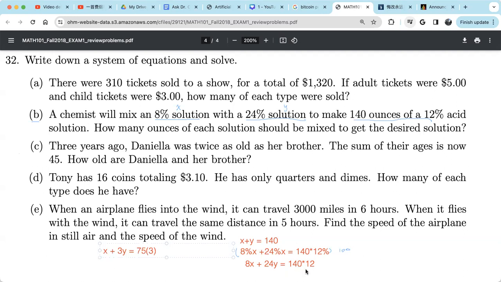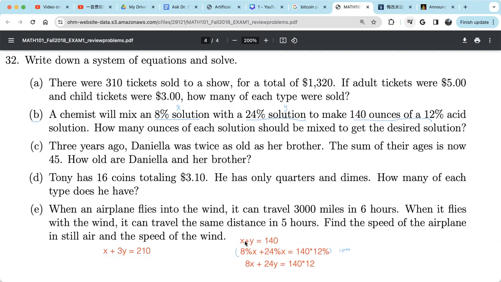Then 140 divided by 2 is 70, not 75. Then we have 3 times 70, which is 210. So we have x plus 3y equals 210.